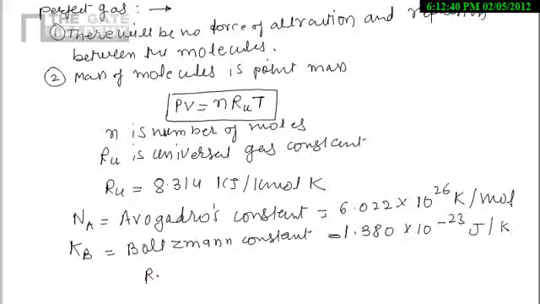And now I can write Ru equals to NaKB. So there is a relationship between universal gas constant, the Avogadro's number, and Boltzmann constant.